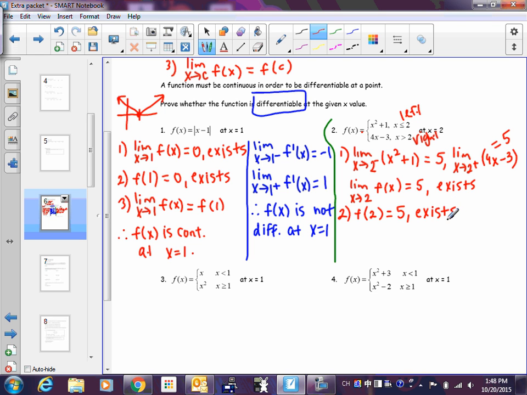Most of the time on these piecewise functions, if number 1 is true, then probably 2 and 3 are true. Then 3 would be to show that what we found in number 1 equals what we found in number 2, and all of this shows that f of x is continuous at x equals 2.